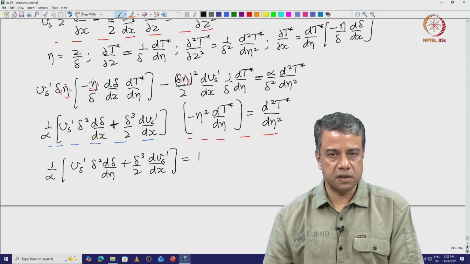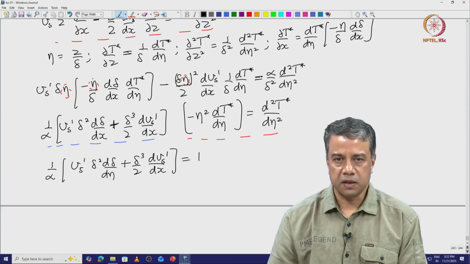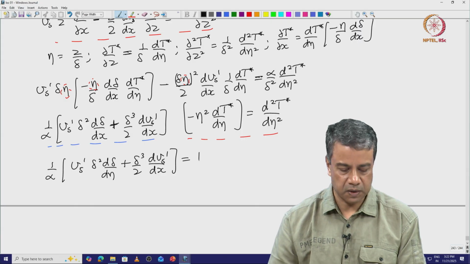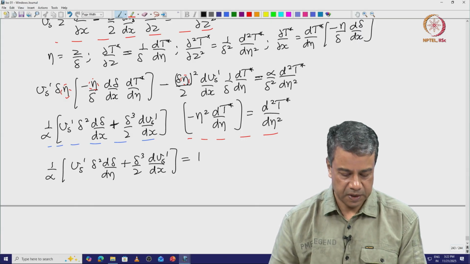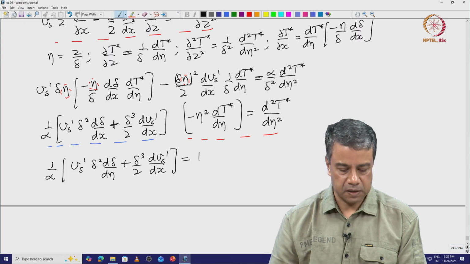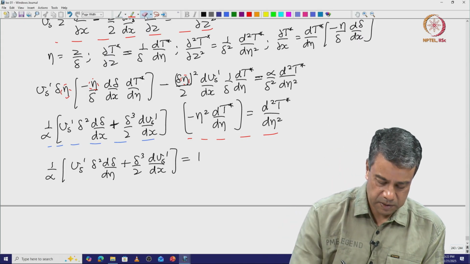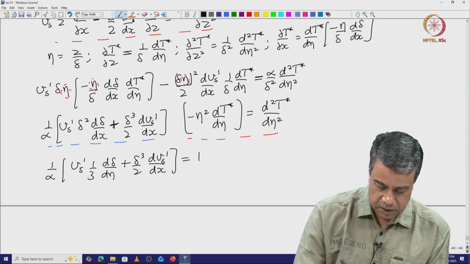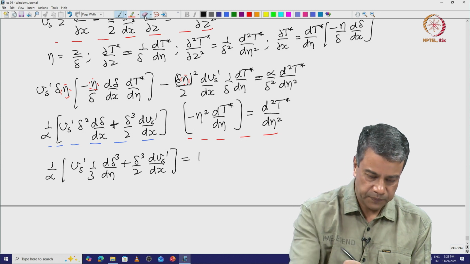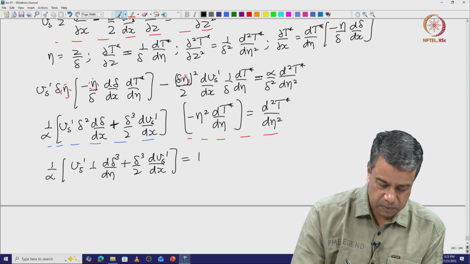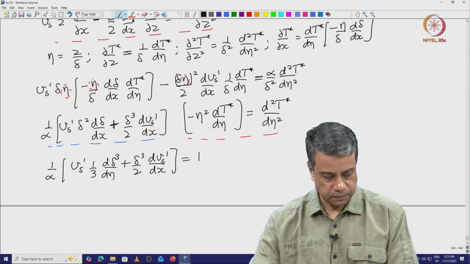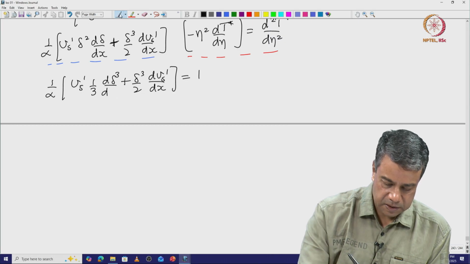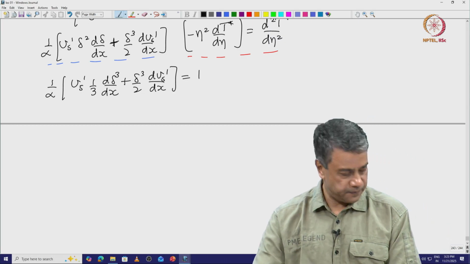This has to be a constant for a similarity transform. That constant can be set equal to 1 without loss of generality. Delta square d delta by dx can be written as 1 by 3 d delta cubed by dx. Once again, my apologies, this should be x because delta is a function of the streamwise coordinate x.